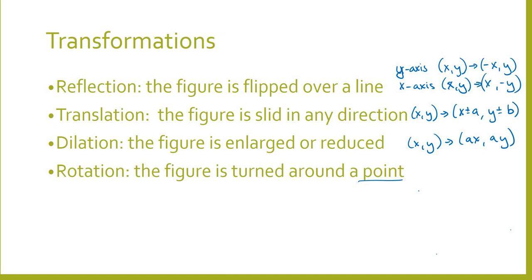We can multiply it by a fraction. And then our last two are 90-degree rotation: (x, y) goes to the opposite of y, x. They switch position and the y changes sign. And our 180-degree rotation, both of our values change their sign.